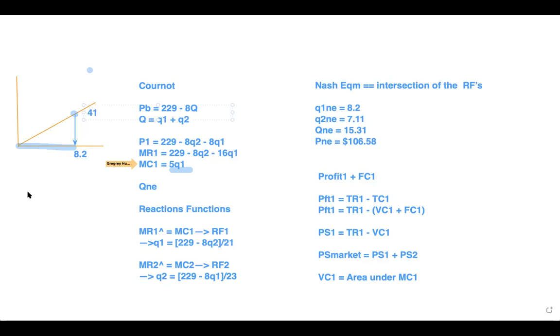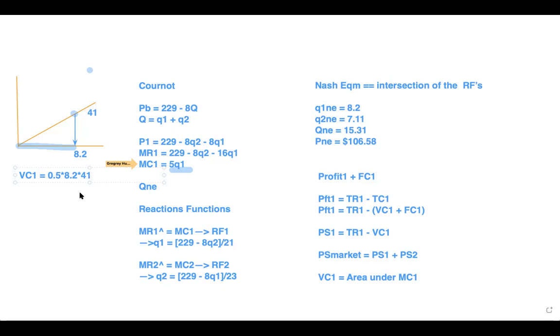Now we can say the variable cost for firm one is equal to 1/2 the base times the height. So it's 0.5 times 8.2 times 41. Does that make sense, Miles? Yeah, sounds good. That's the area of that triangle.